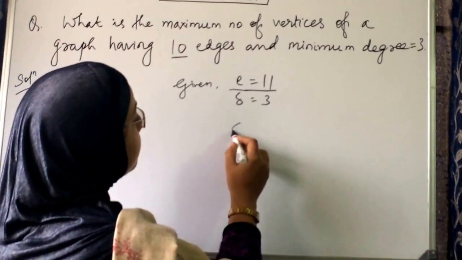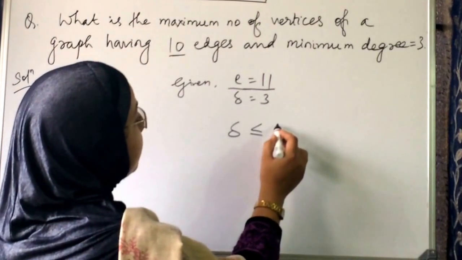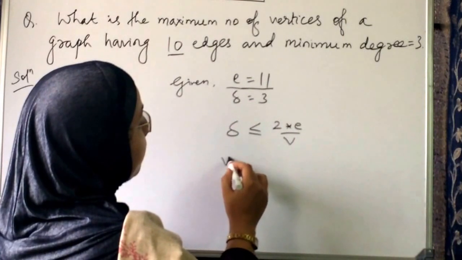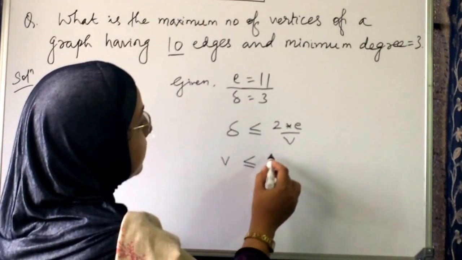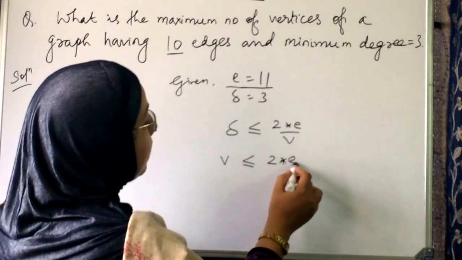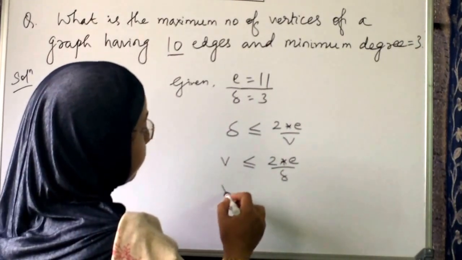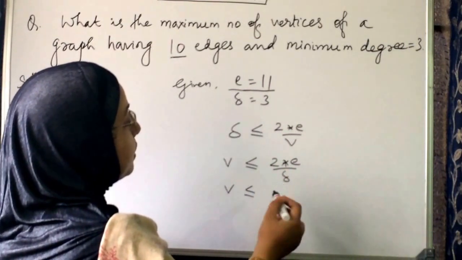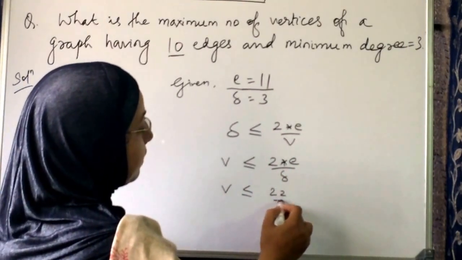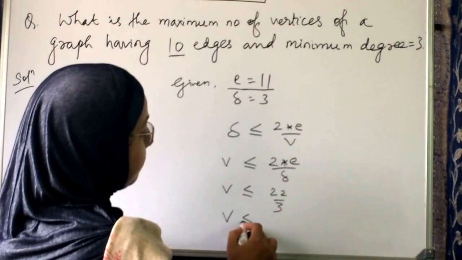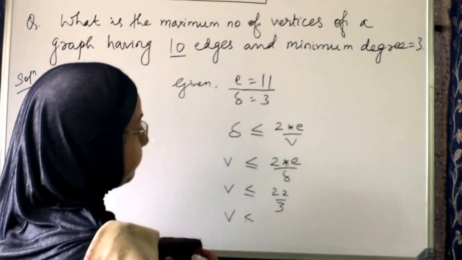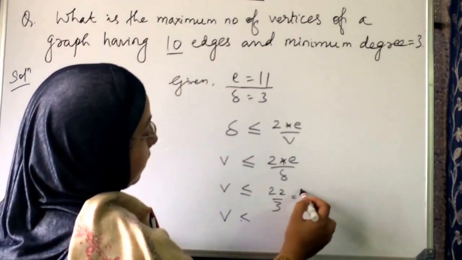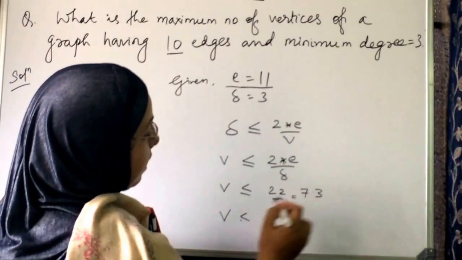Again we will use the same formula. Del is less than or equal to 2e by v. Then what will be v? V should be less than or equal to 2e by del. What is 2e? 2 into 11, 22 by 3. Then the value of v will be equal to 7.3.